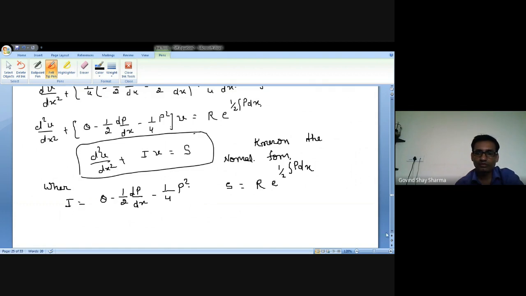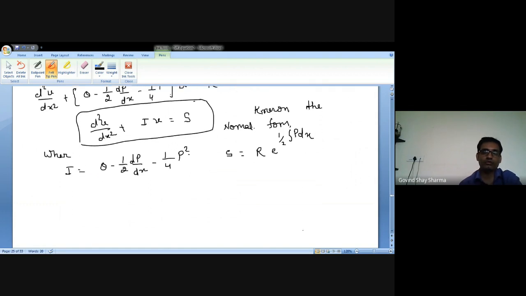Now, in a practical question or problem, we directly find the value of u and put it in this equation. This equation we always use to find out the solution.